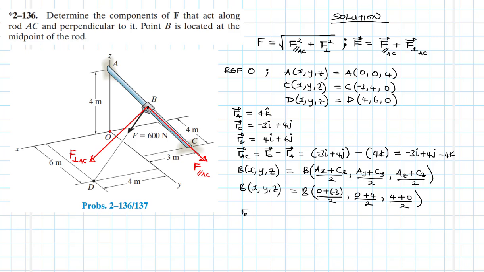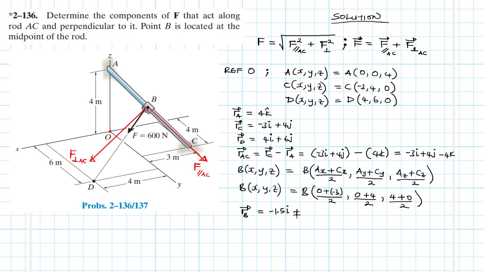So RB is going to be equal to 2 into negative 3 divided by 2, which is minus 1.5 i, right?